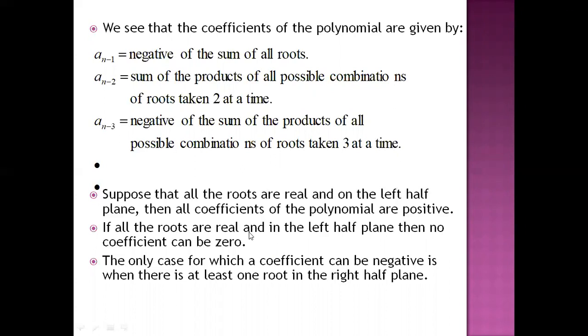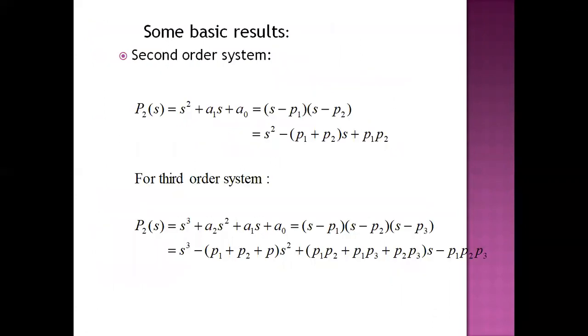Suppose all the roots are real and on the left of the S plane, then all the coefficients of the polynomial are positive. Here, for the second order system this is a second order polynomial equation, and here a third order polynomial equation. So we have to see whether the coefficients are positive, or greater than 0.